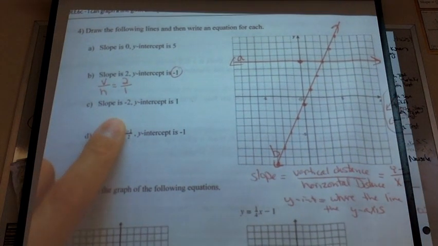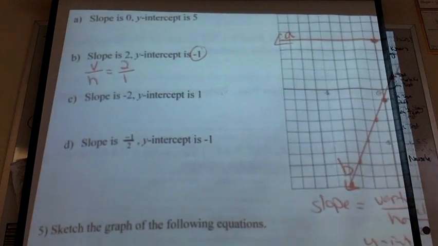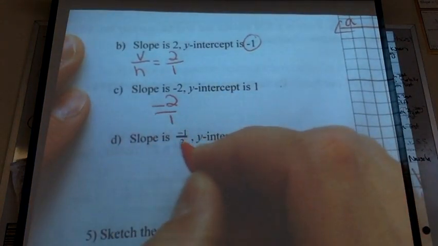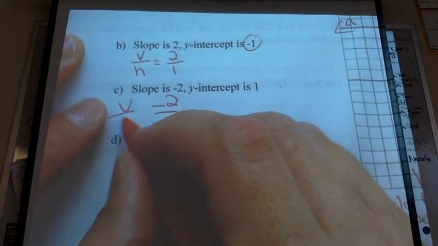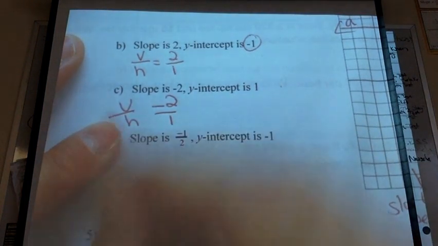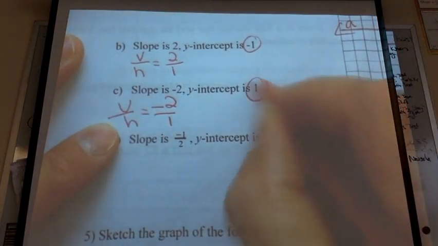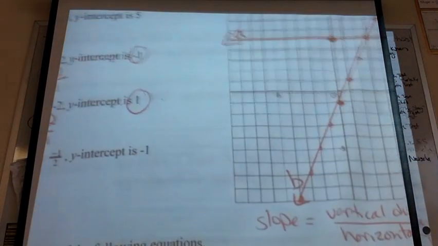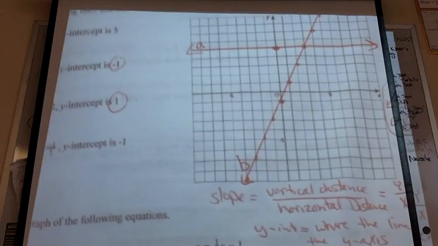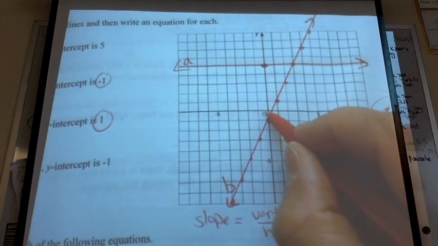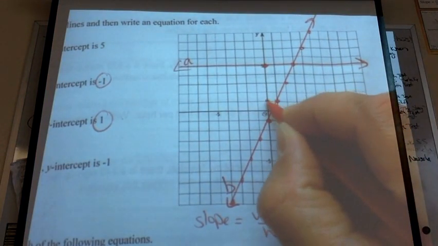Okay, this one, C, has a negative 2. So that should tell us it's going to be negative 2 over 1. So vertical distance over our horizontal distance, negative 2 over 1, and our y-intercept means it's going to cross at positive 1. So our first step we need to do is find our y-intercept. It's going to cross at positive 1. It's going to go right here.